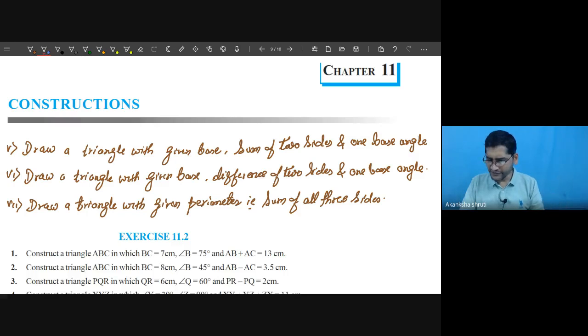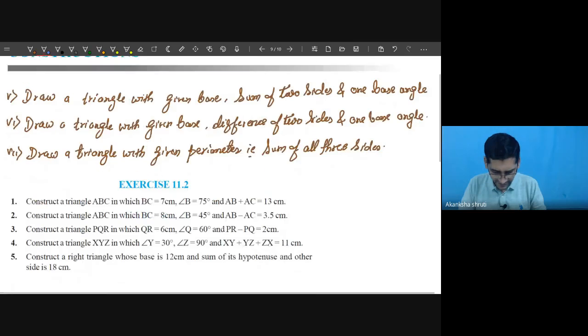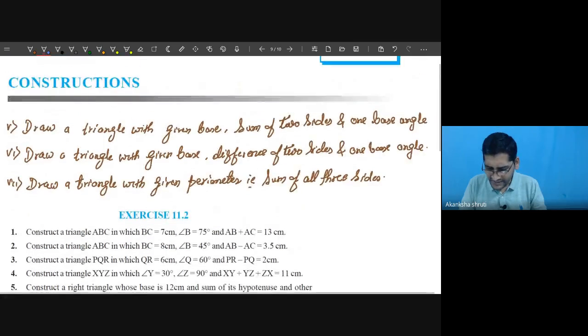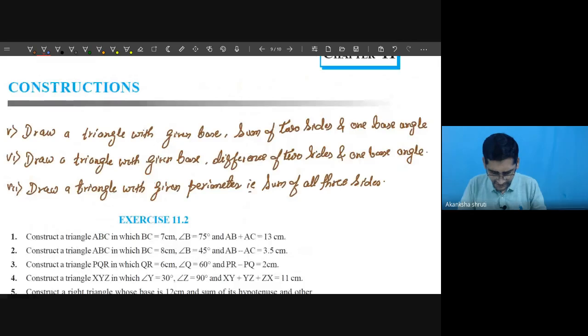The second kind of construction is where the base length, one of the angles, and the difference of the other two sides are given. And the third kind of construction, when the sum of all the three sides of a triangle is given, then we have to construct the triangle. Means when the perimeter is given. Based on these three concepts, this entire exercise 11.2 is based.